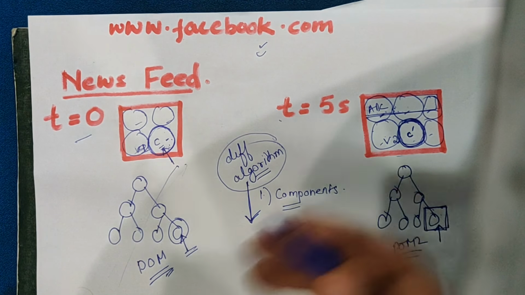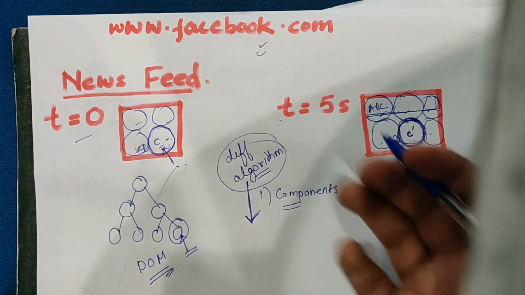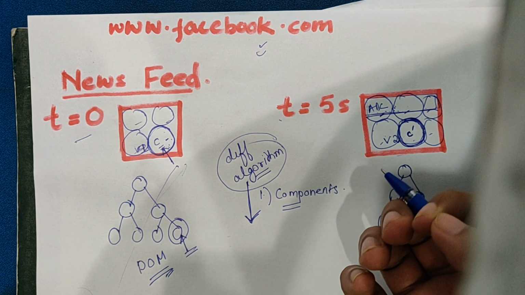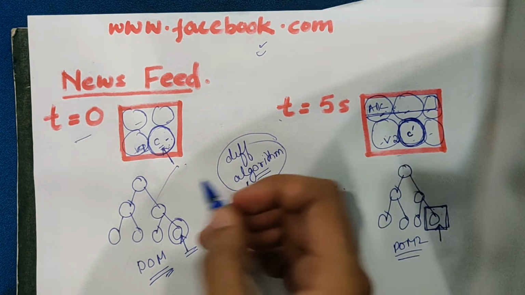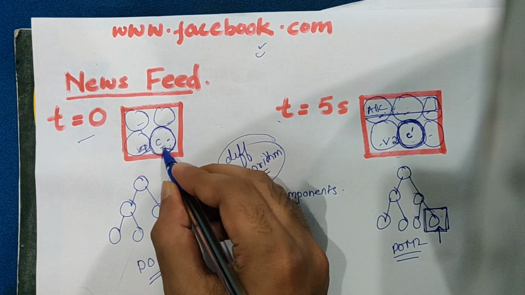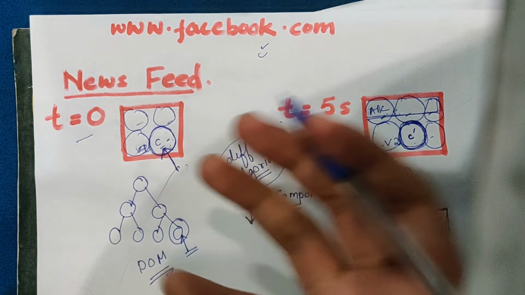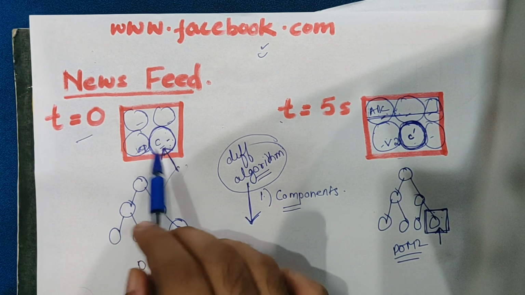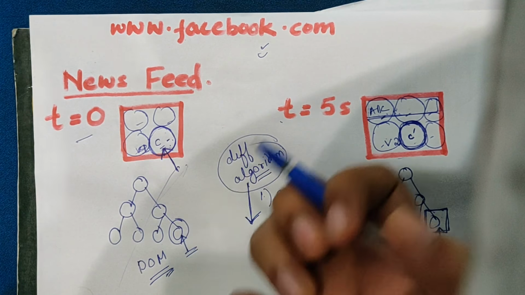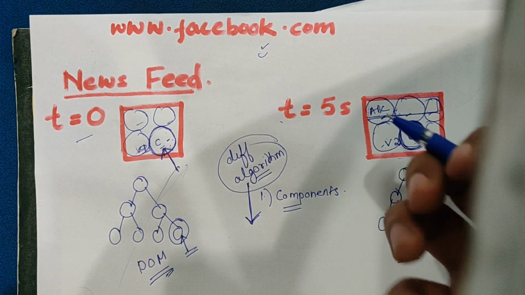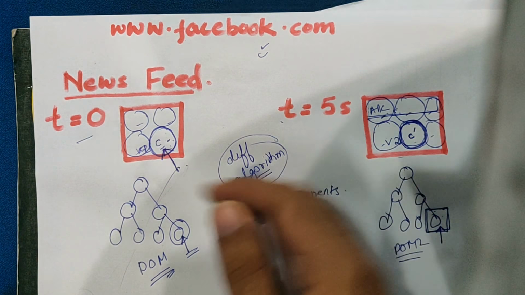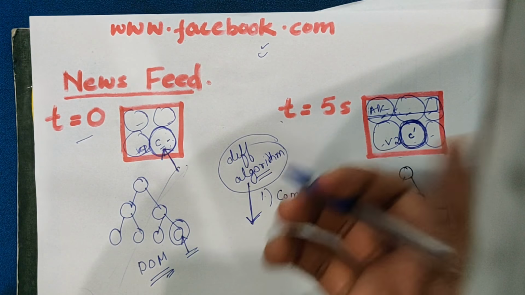Whenever an event is triggered, like when a friend shares a post, this particular component, which in React has some state, has its state changed. As soon as the state is changed, this component will be re-rendered.